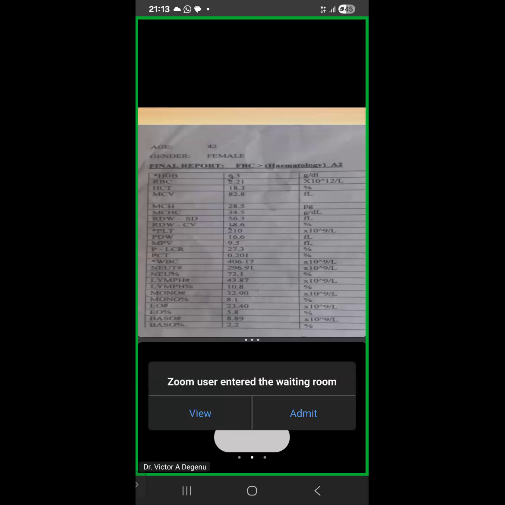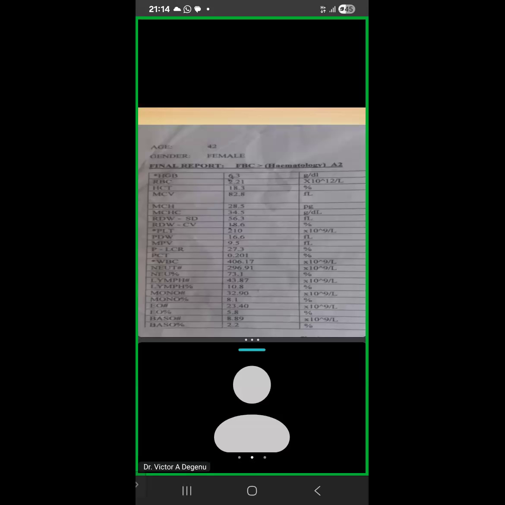What do you say about the results? My challenge is I can't see the figures very well. You can't see them? Okay, all right. Very sorry. Whoever can see should help us.